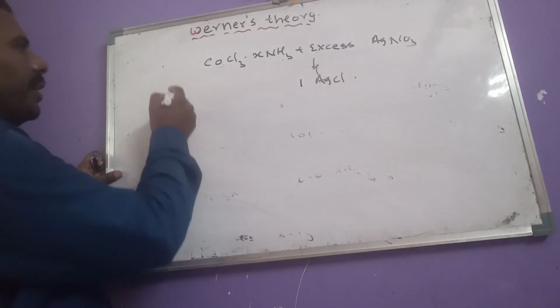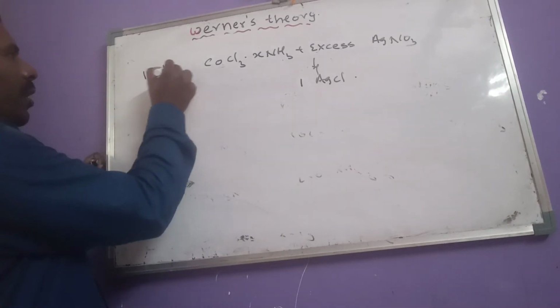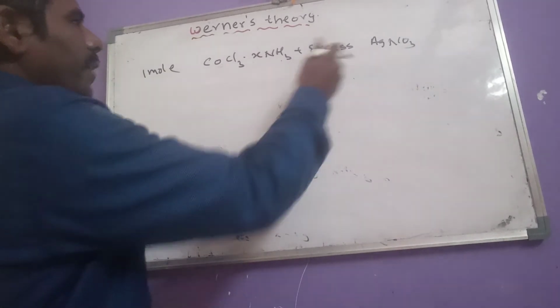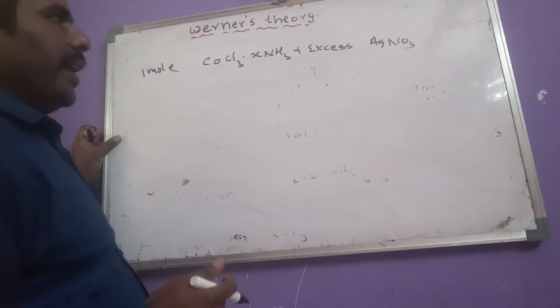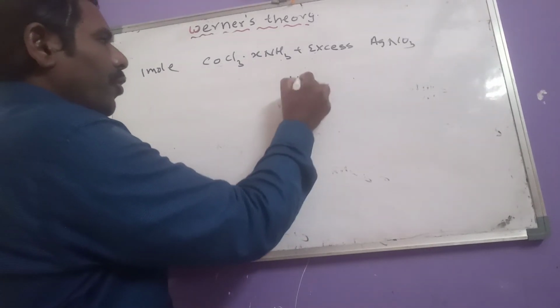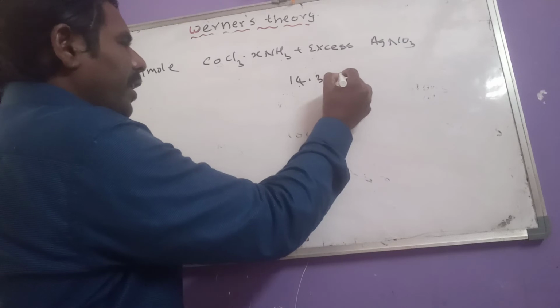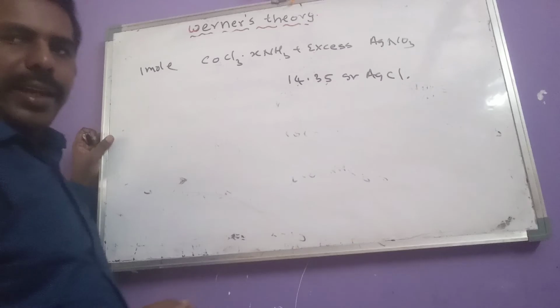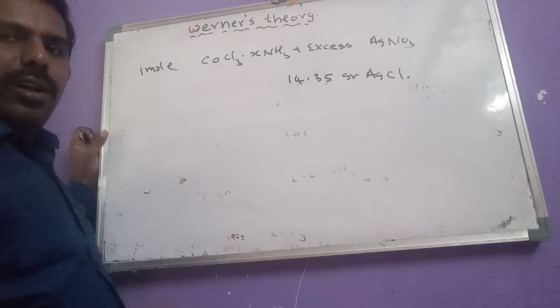And one question they give like this also. 1 mole of CoCl3·xNH3, when treated with excess of AgNO3, produced 14.35 gram of AgCl precipitate. What is the value of X?